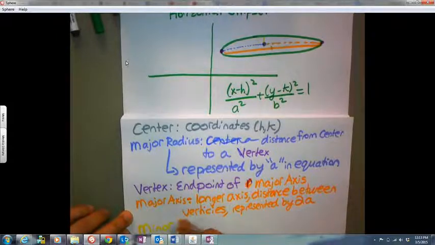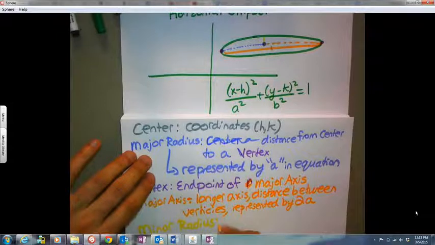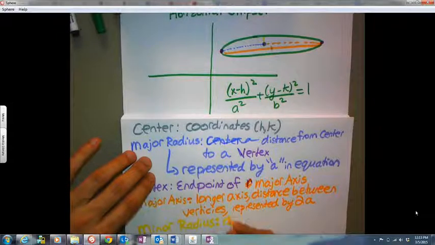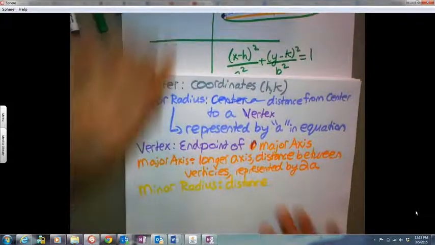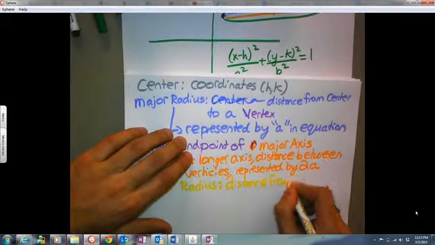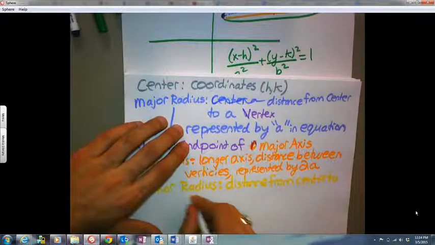Minor radius, which is the distance from the center to a new vocab word here, covertex.